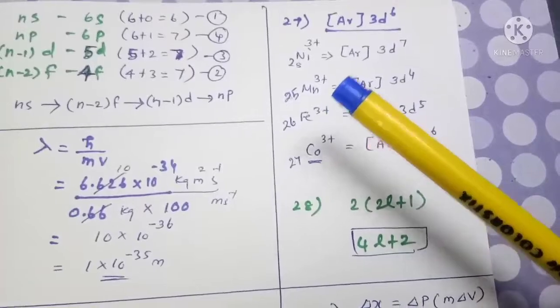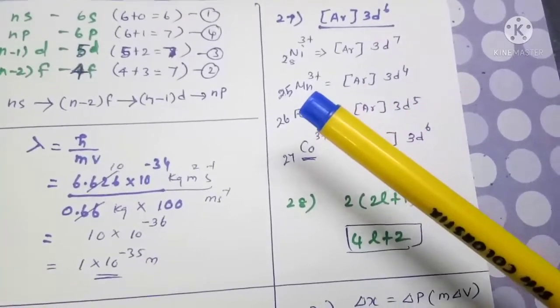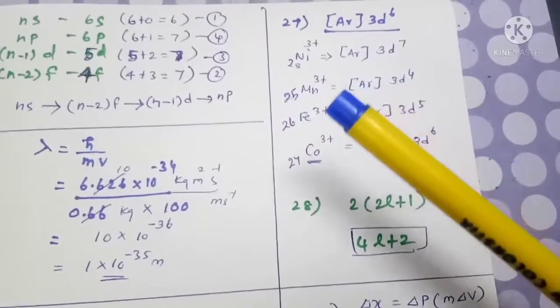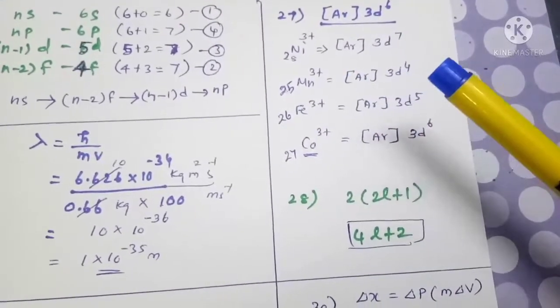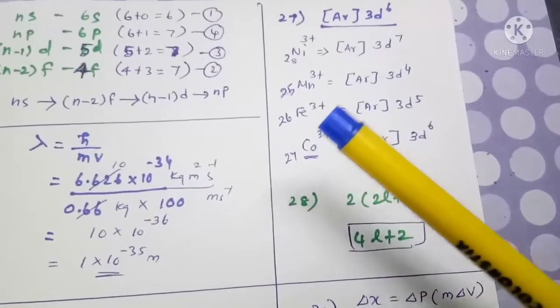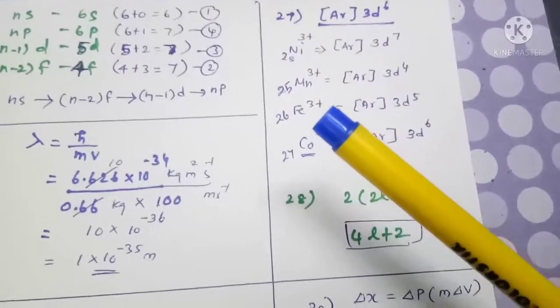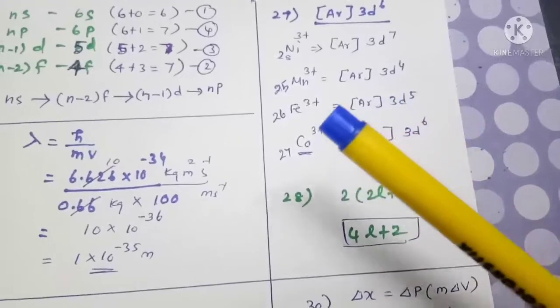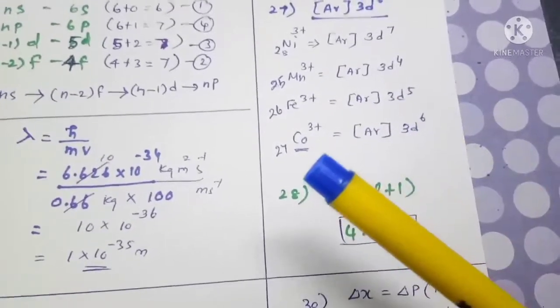Then the next one, manganese 3 plus: atomic number 25, argon 3d5 4s2, so manganese 3 plus has argon 3d4 configuration. Then Fe 3 plus: Fe configuration is argon 3d6 4s2, so Fe 3 plus is argon 3d5.